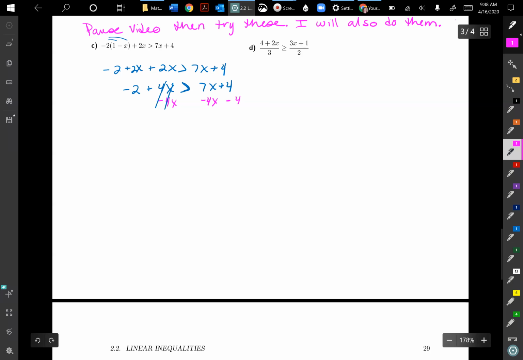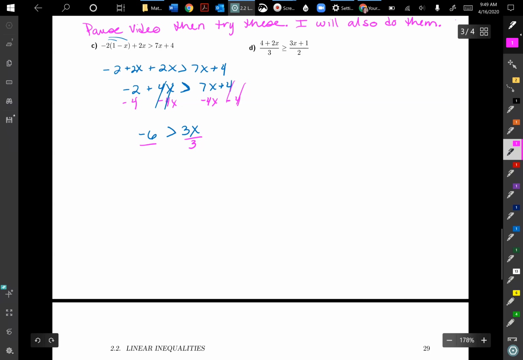So I'm going to subtract 4 there and 4 on the left. Now I need to crunch those numbers. So I get negative 6 greater than 3x. If you still want to do that in 2 steps, the line above, you can. That's totally fine.